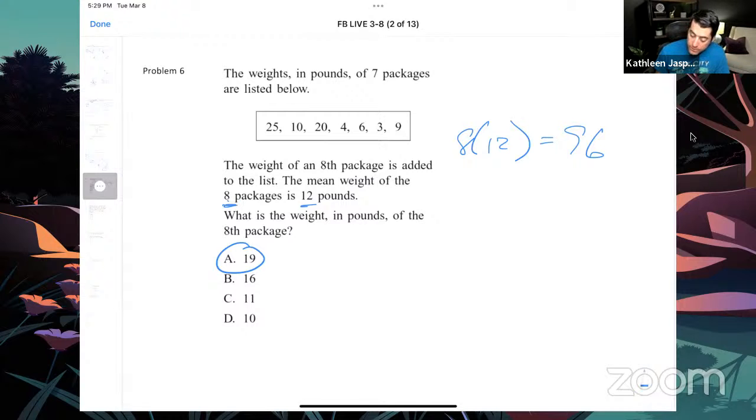So now that you know that, whether you add all these together or not, remember these were 77, but I can just do 96 and I can do minus 25, minus 10, minus 20, minus 4, minus 6, minus 3, minus 9. And when I do that, lo and behold, I get 19. And 19 is your missing piece, your missing weight, because now all of these add up to that magic number 96. Doesn't matter how you get there, just so long as you do get there. And that's why A is the correct answer.